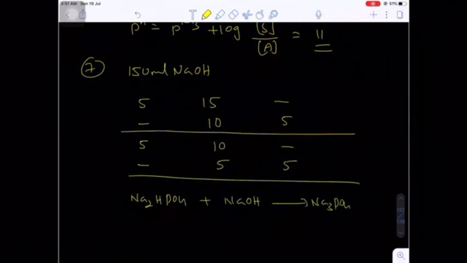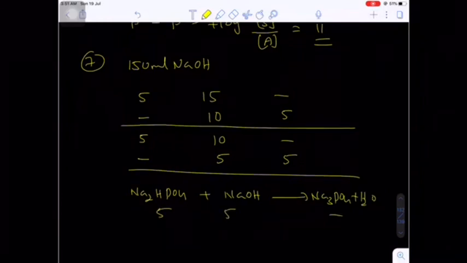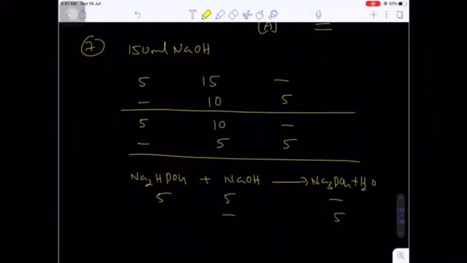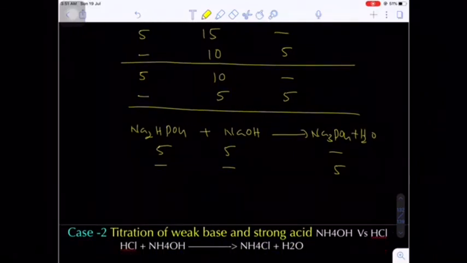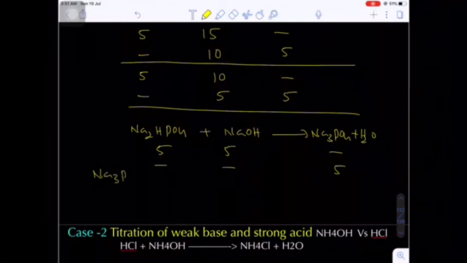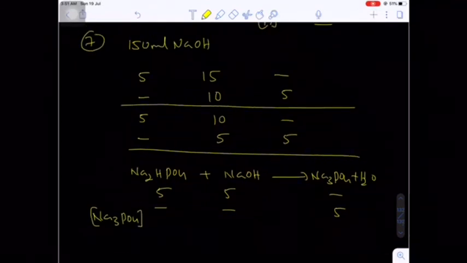And finally in the mixture you have disodium hydrogen phosphate 5 millimoles and NaOH also 5 millimoles. So finally you will get sodium phosphate. Both are limiting reagents here, so both will be completely consumed, and 5 millimoles of sodium phosphate salt will be formed. With the help of salt hydrolysis we can find the pH of the solution.